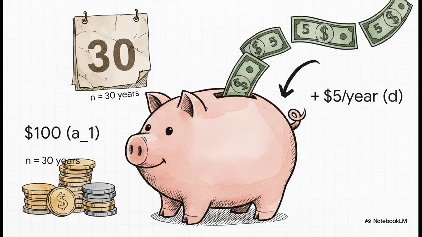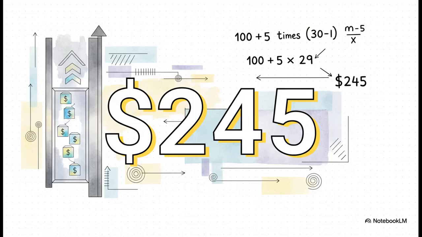You decide to add a fixed $5 every year. That's your D. And you want to know how much money you'll have in 30 years. That's N. I mean, who really wants to sit there and add $5 29 times? Exactly, nobody. We just use the formula. It's 100 plus 5 times 30 minus 1. So that's 100 plus 5 times 29, which gives us $245. Instantly. You know exactly where you'll be. That's the power of the elevator.